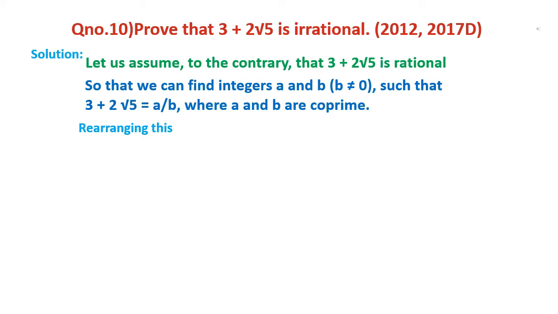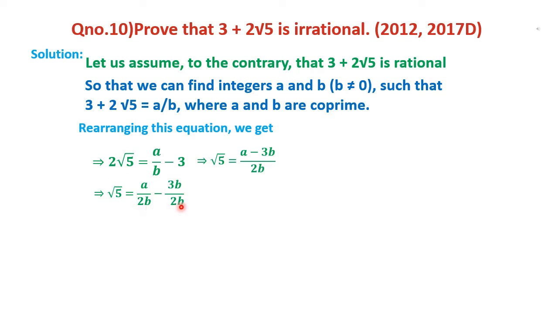Rearranging this equation, we get 2 square root of 5 is equal to a by b minus 3. That implies square root of 5 is equal to a minus 3b divided by 2b. Square root of 5 is equal to a divided by 2b minus 3b divided by 2b. That implies square root of 5 is equal to a divided by 2b minus 3 divided by 2.